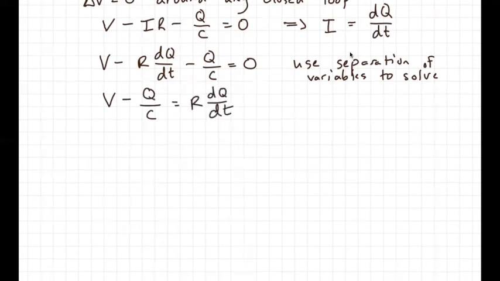I'm going to multiply everything by C just to make it a little bit cleaner for me later. So that goes VC minus Q equals RC, excuse me, dq dt. So now I want to get all the Q parts on one side and all the T parts on the other side.